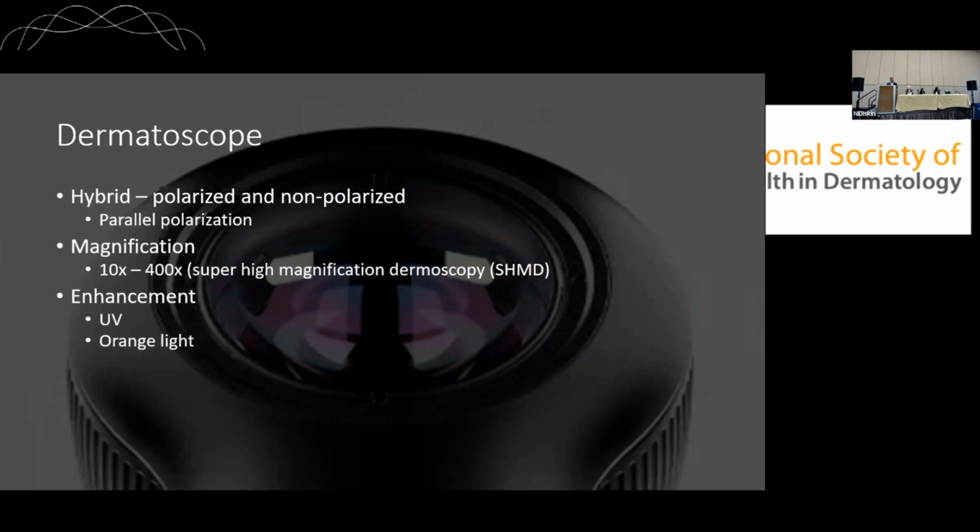Enhancements. I think Dr. Oakley just talked to you about how UV light has been added into dermoscopy, how orange light has been added, and the digitalization of all of these dermatoscopes. Previously we used to say non-polarized, polarized, hybrid dermatoscopes.